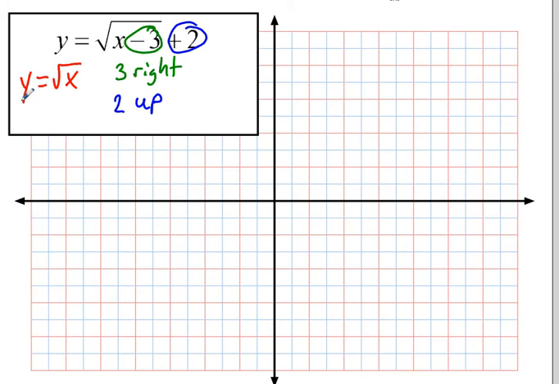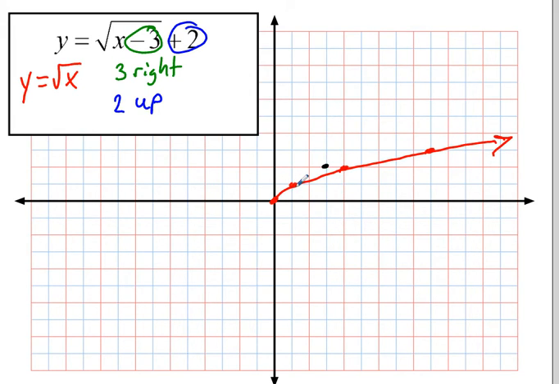So first let's copy the mother function for y equals square root x that we just did a moment ago. And now let's take each of those points that we plotted and shift them according to the h and the k. So our 0, 0 point is going to shift 3 to the right, 1, 2, 3, and 2 up, 1, 2.